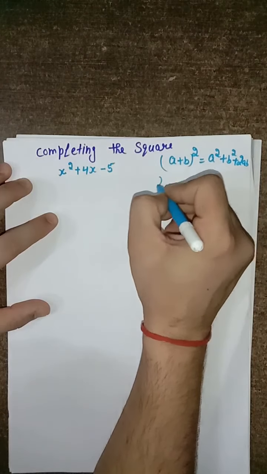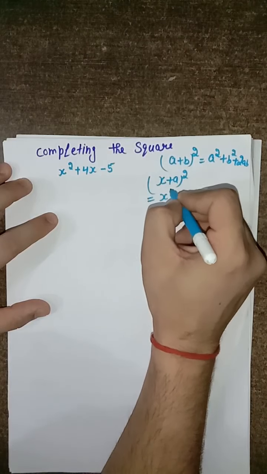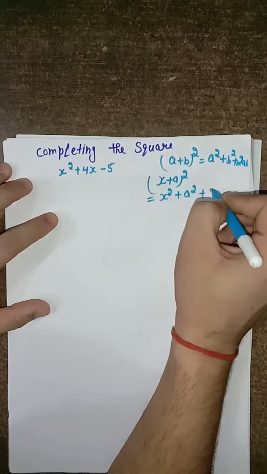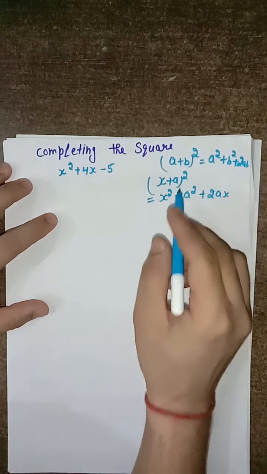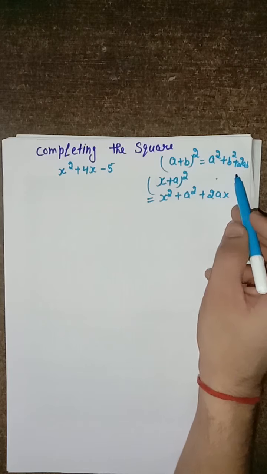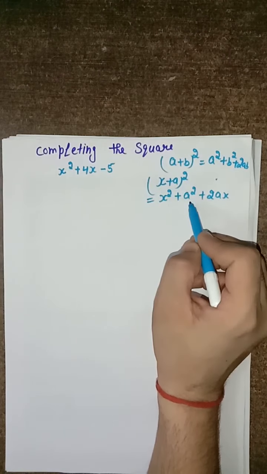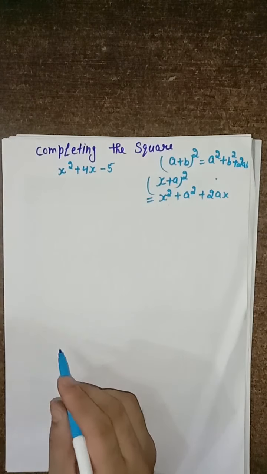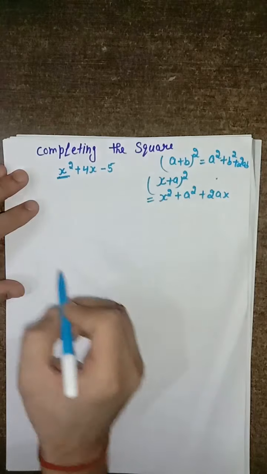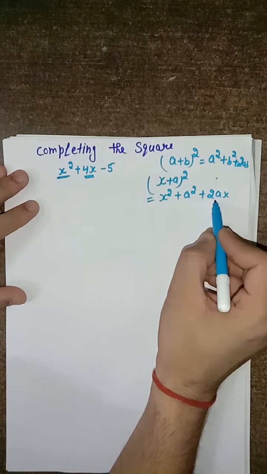So x plus a whole square will be x square plus a square plus 2ax. Now in this situation we have x square and we have 2x, means 2ax.